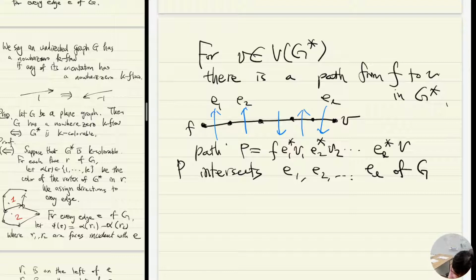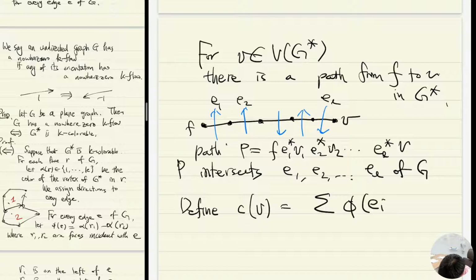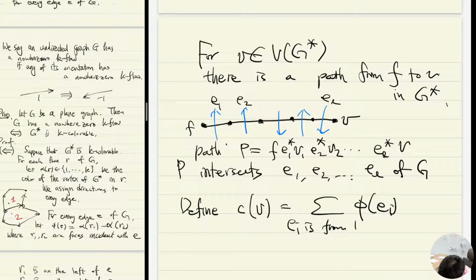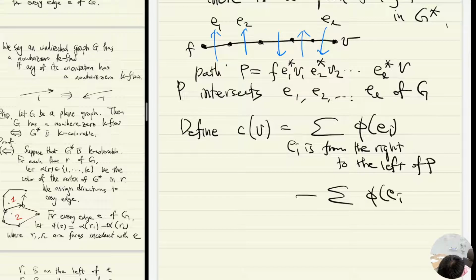Now what we do is define C of V as the sum of the phi values of E_i, where E_i crosses P from right to left, minus the phi values of E_i where E_i goes from left to right, because we have orientation.